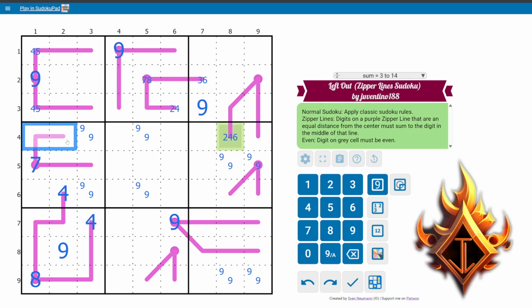And these will be, this cannot be 4 or 5. So it will be 2 or 1. Because 4 cannot be on this line either.